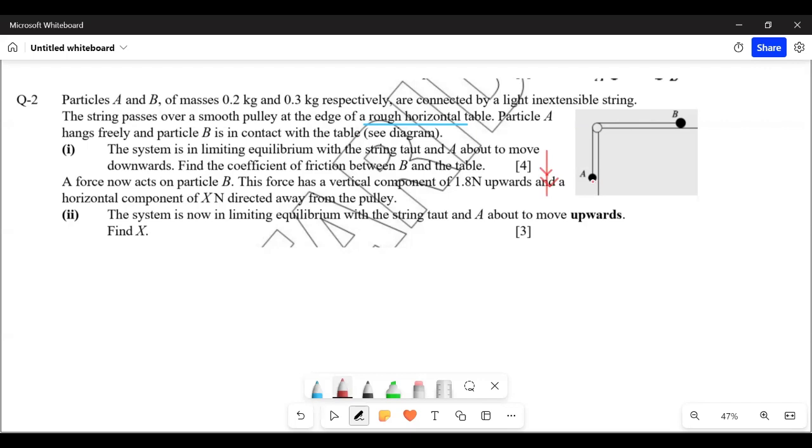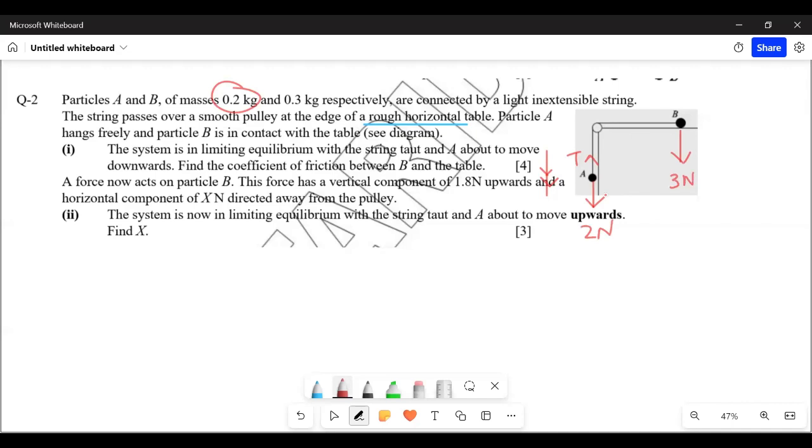Okay, let's enter the forces that we can. In the downward direction, there's going to be the weight at A, and that weight is going to be 2 Newton because the mass is 0.2. Then in the upward direction, there's going to be T, the tension. These are the two forces acting at A. At B, similarly, downward pointing is going to be the weight, 3 Newton.